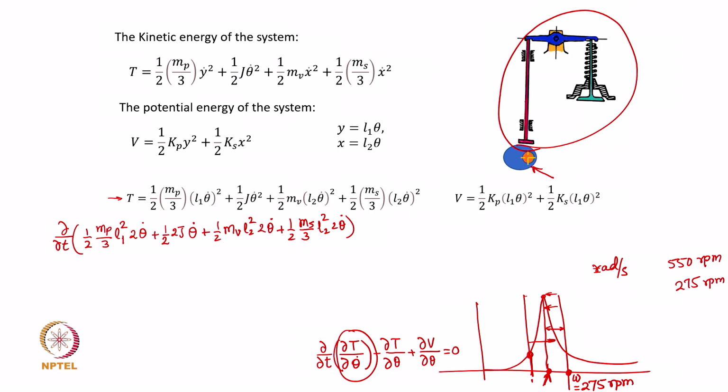And the second term says dou T over dou theta. Now, please make a note that this expression does not have any theta in its terms.